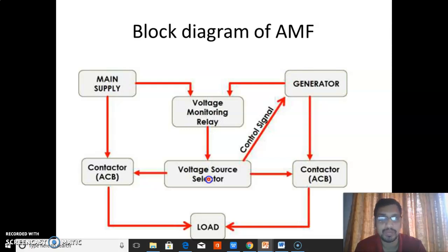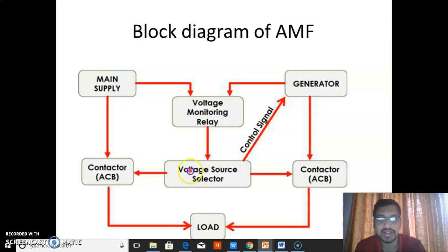During normal operation, we get the supply from the main supply, and the corresponding ACB is closed, and the generator ACB is opened. The load gets supply from the main supply through the corresponding contactor. So this is the supply path from the main supply to the load through the ACB.